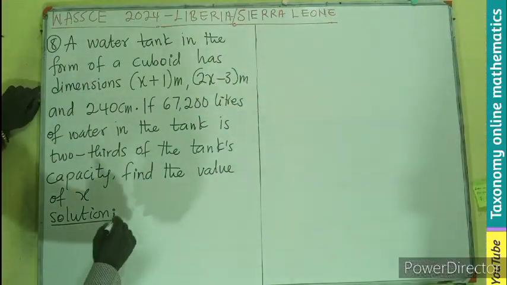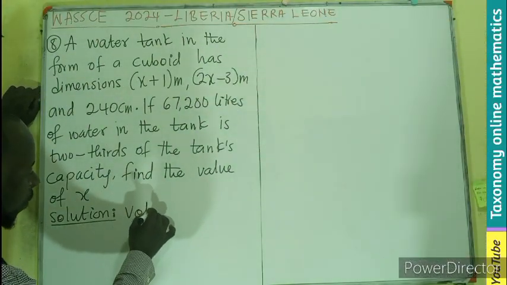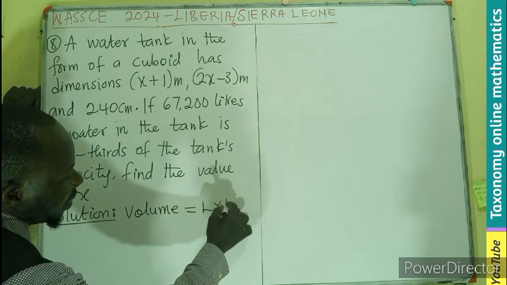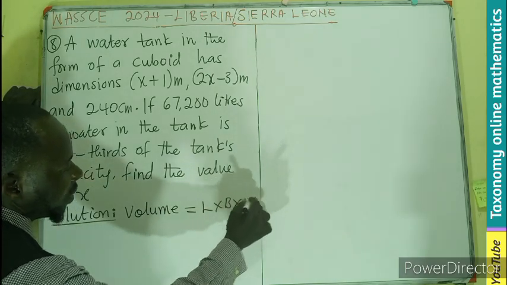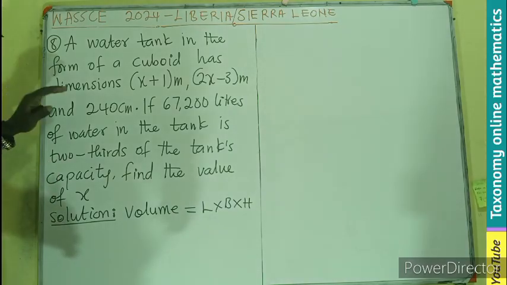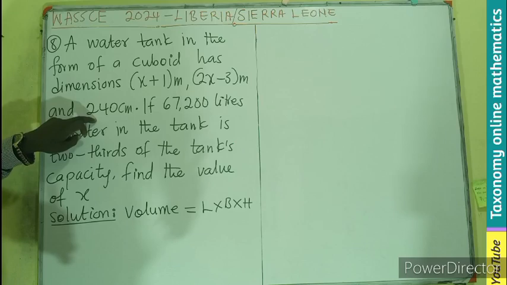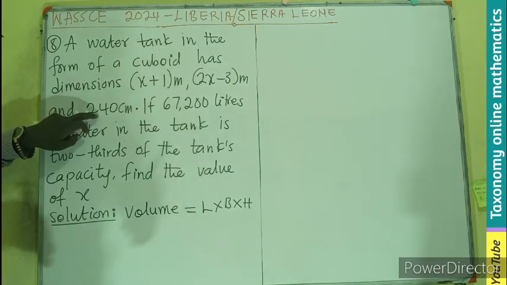So from here, we can see that volume is going to be the length times the breadth times the height. Since the dimensions are in this order, length, breadth, and height. But first of all, we need to change this.